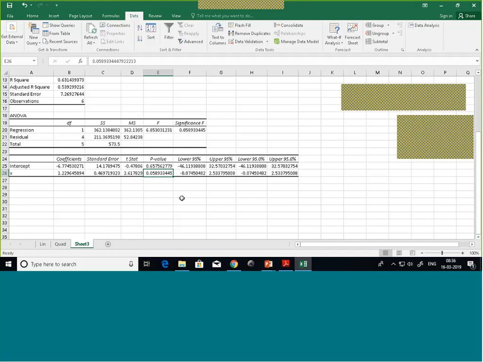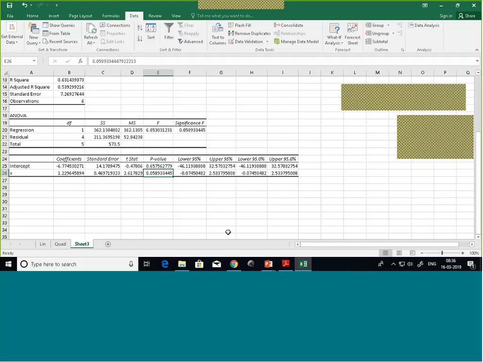Again it is the same as the P value for F, so again it is not less than or equal to alpha. So we do not reject H naught, which means the relation we are trying to construct for the given data is not significant. Yes or no?